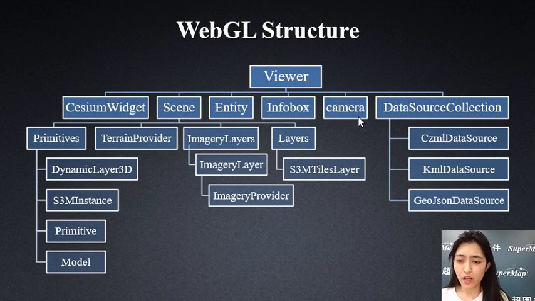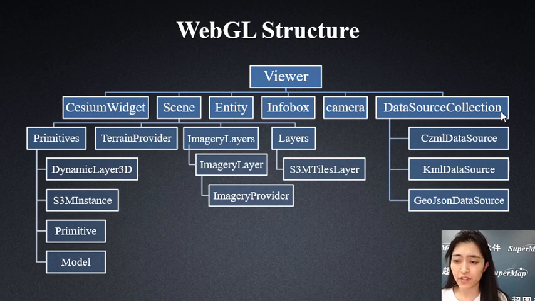The camera object provides the camera's perspective and finds a suitable perspective for the observer to browse the loaded data. The data source collection is a collection of data sources which can be divided into 3 types: CZML, KML and GeoJson.